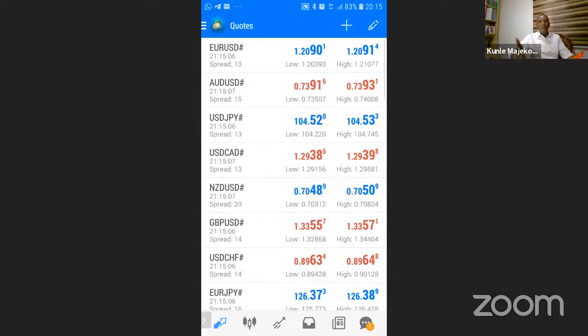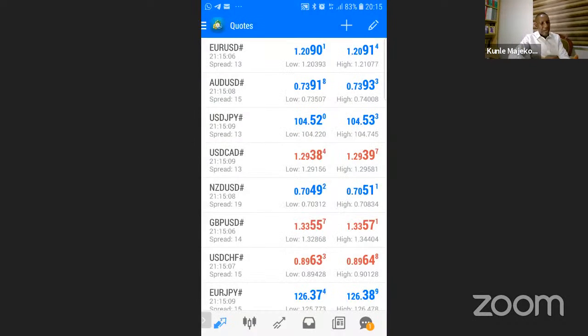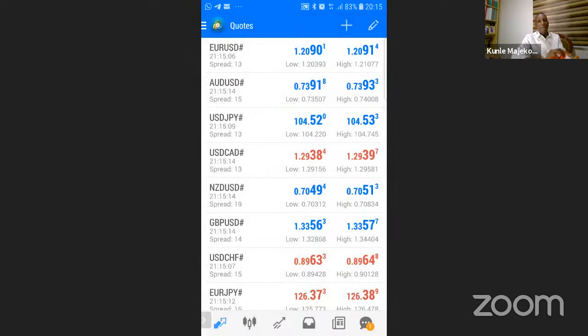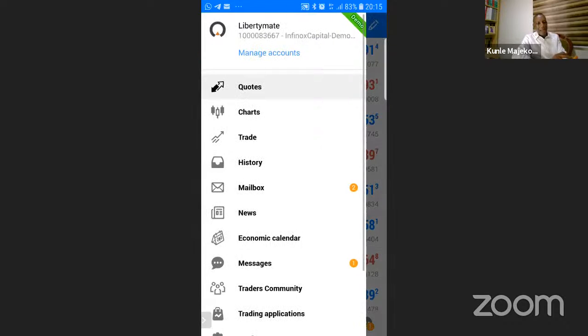And many of them are available. For example, let me go through this. If I click on that three-bar menu at the top left, where we have quotes, it tells me manage account.